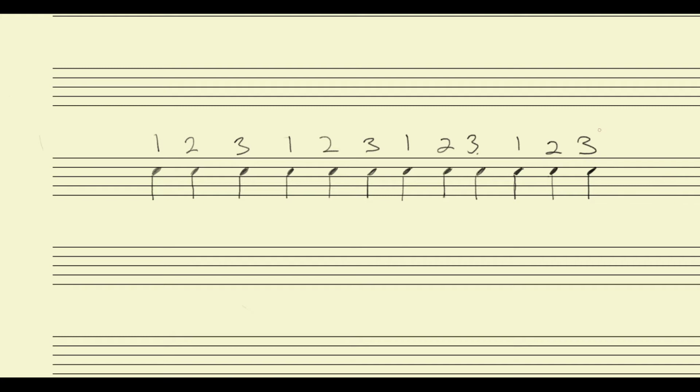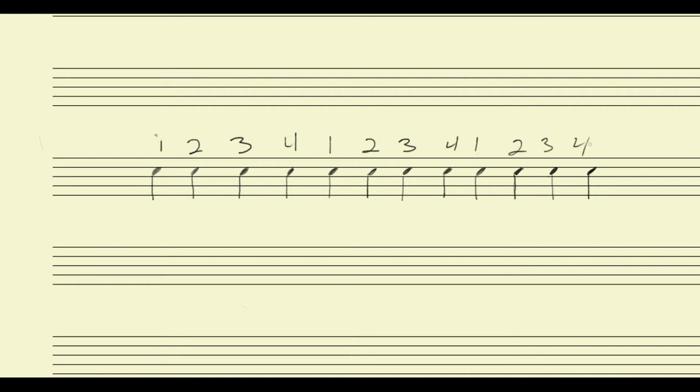I could do the same thing by dividing this up into groups of 4. And let's try it. So we have 1, 2, 3, 4. 1, 2, 3, 4. 1, 2, 3, 4.